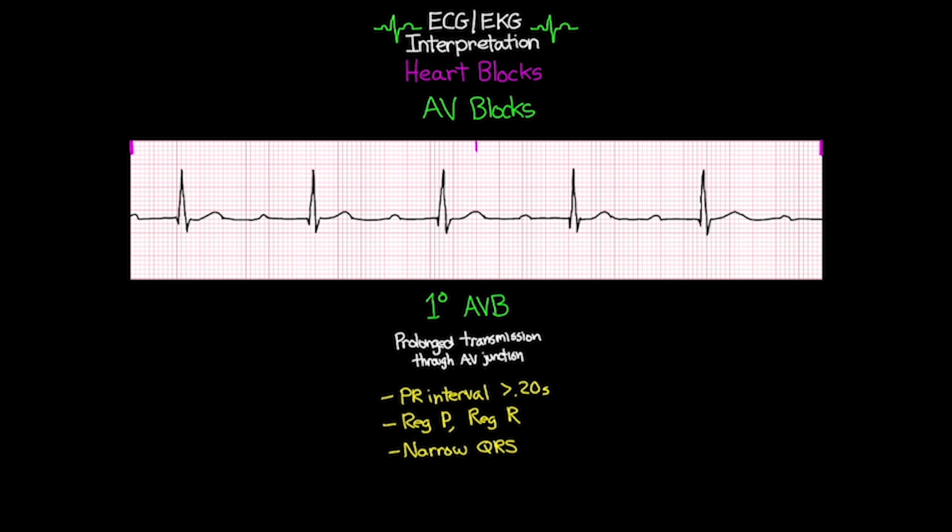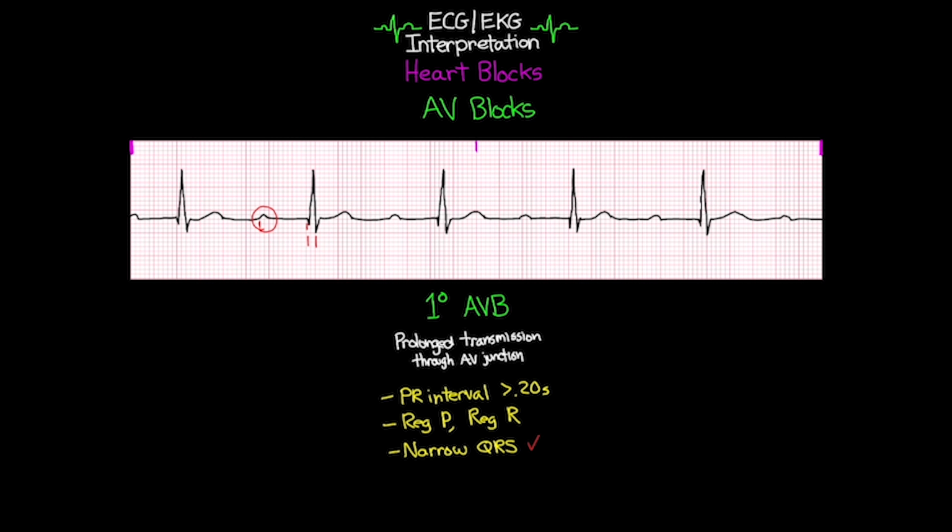So first off, we can definitely see we've got a narrow QRS here, so check that one off. Then if we take a look at our P wave, if we were to measure out this PR interval, which goes from here to here, hopefully it's pretty obvious in this example, but we definitely have a PR interval that is well over 0.20 seconds.